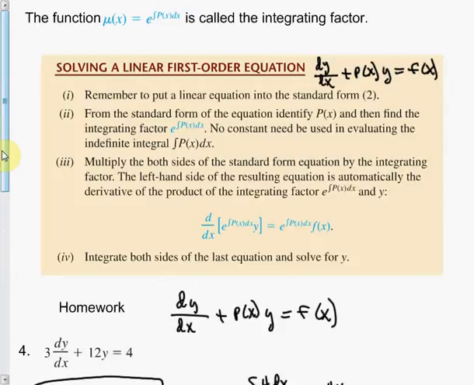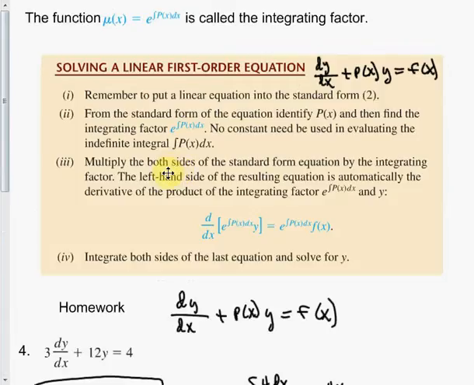And then once you have that, again, the equation is written in that standard form of 2. We're going to determine the integrating factor, that e to that integral, and multiply everywhere, both sides, by the integrating factor.